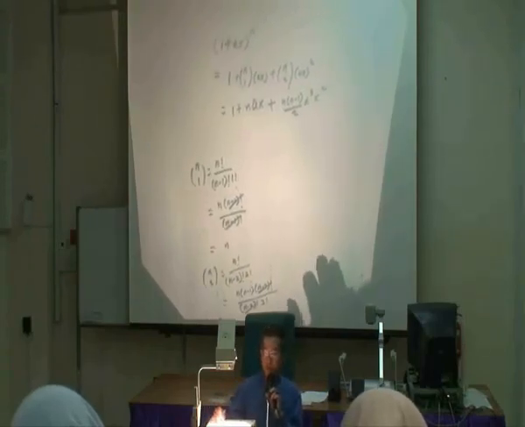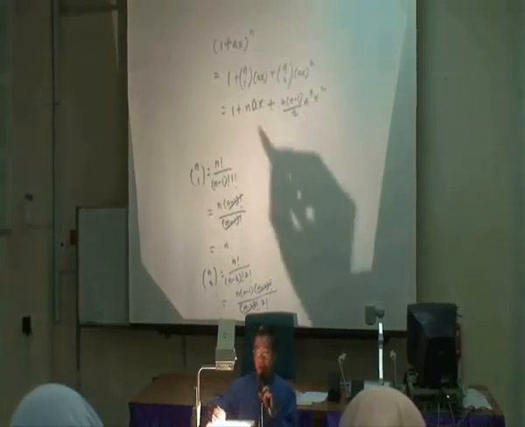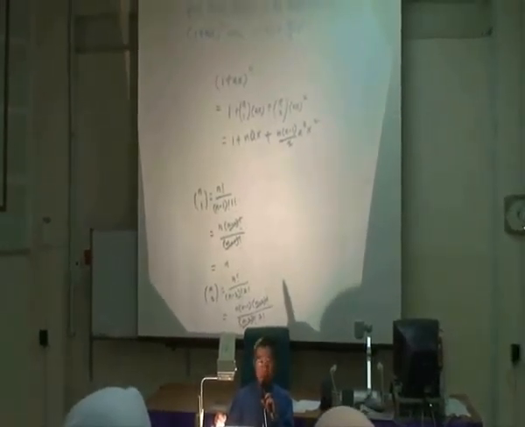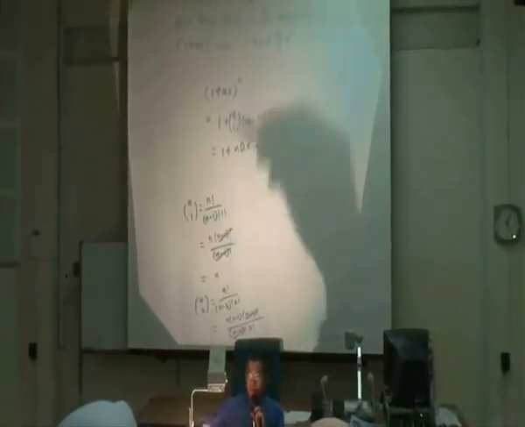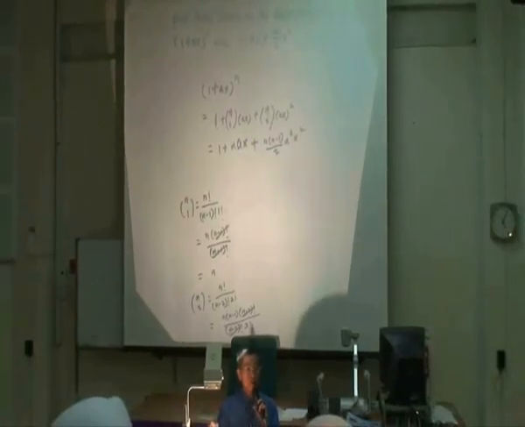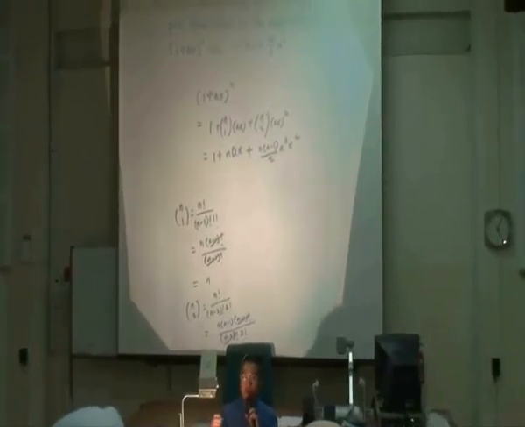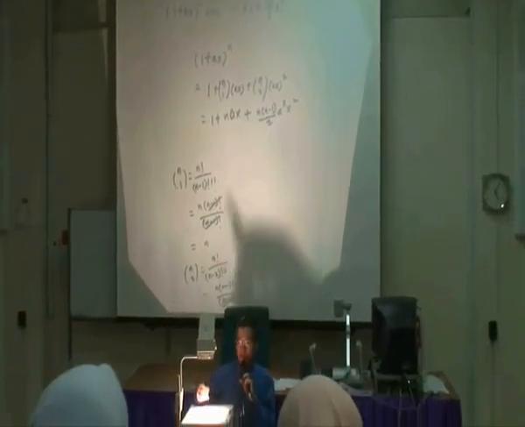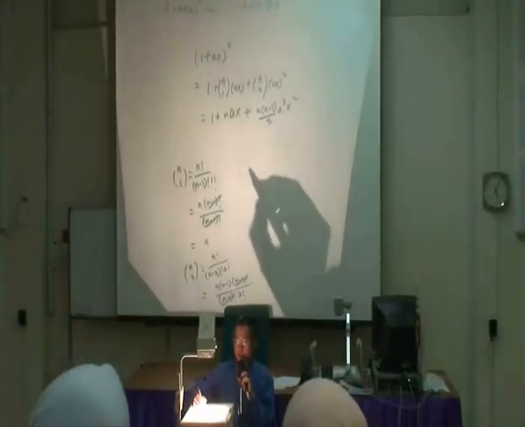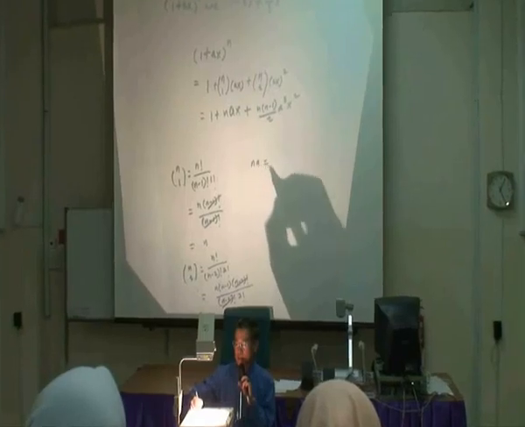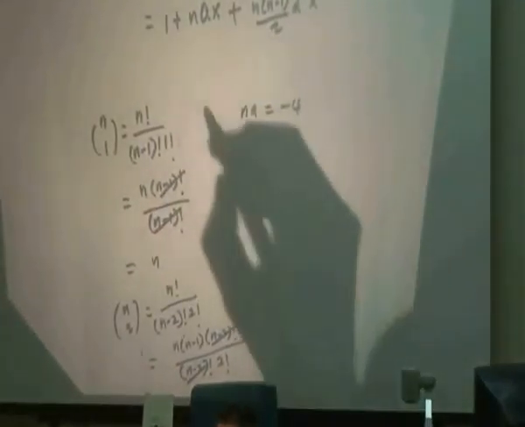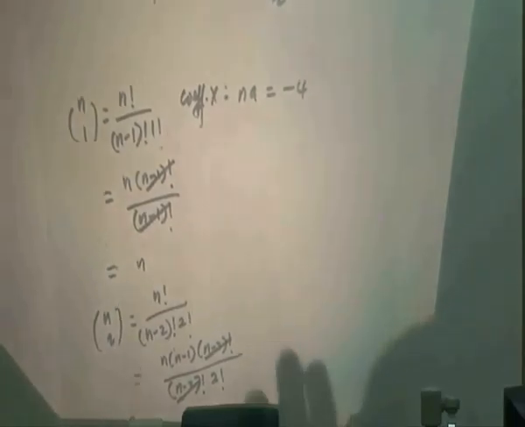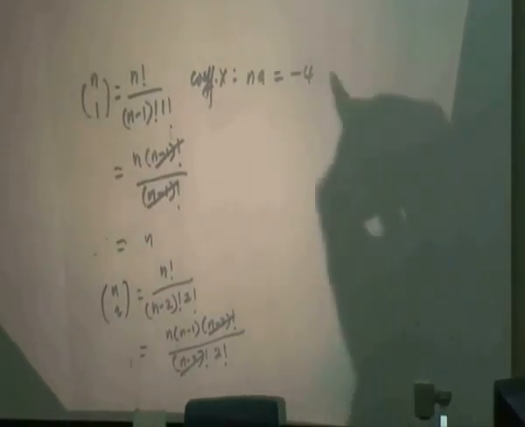So you are given the first 3 terms are 1 minus 4x plus 20 over 3 x squared. Therefore, by comparing the coefficients, you can form 2 equations in a and n. By comparing the coefficient of x, you have na is equal to negative 4. This is the first equation.